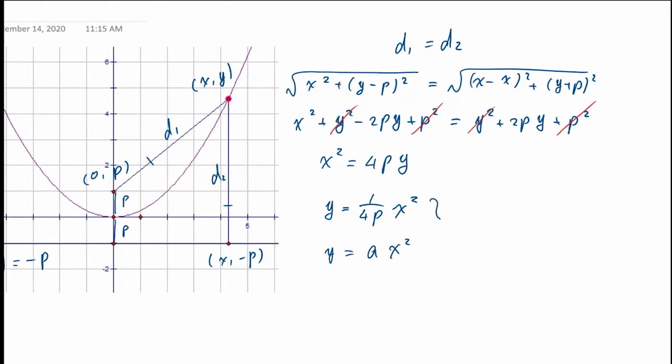Now, comparing these two tells you a very important formula. A is equal to 1 over 4p. And that's kind of all you need to know, which is the same thing as saying p is equal to 1 over 4a, which is really the same thing as saying 4ap is equal to 1.